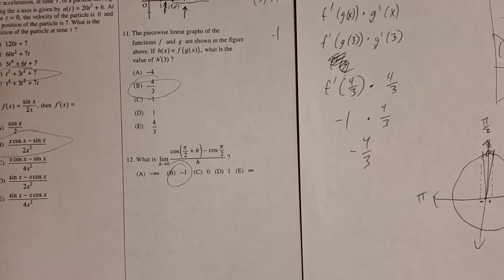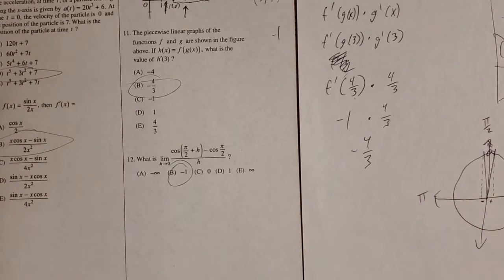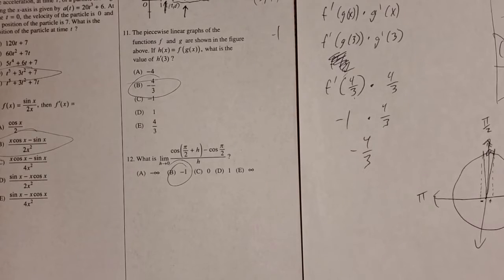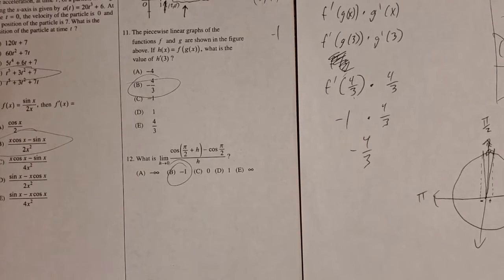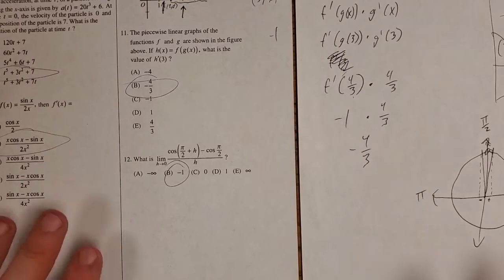And if you care to pull out your calculator and graph that, you can see that it kind of heads at -1 from both directions. It's not quite reaching -1, but getting very close to that if you zoom in closer and closer on very small values for the h.